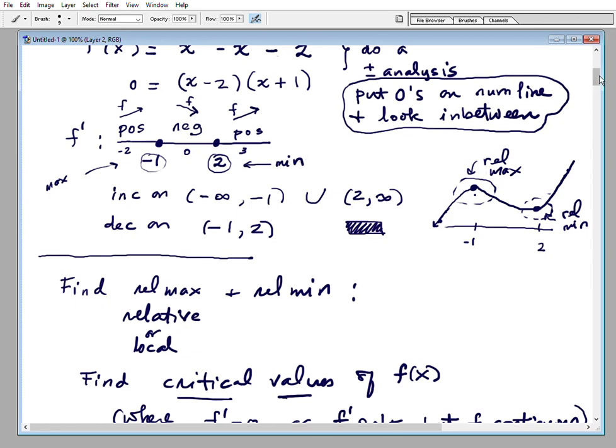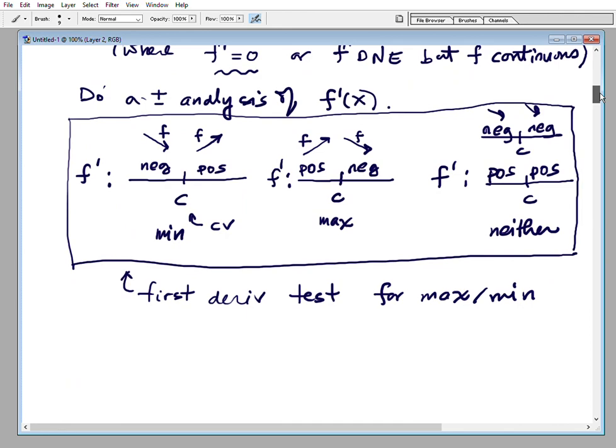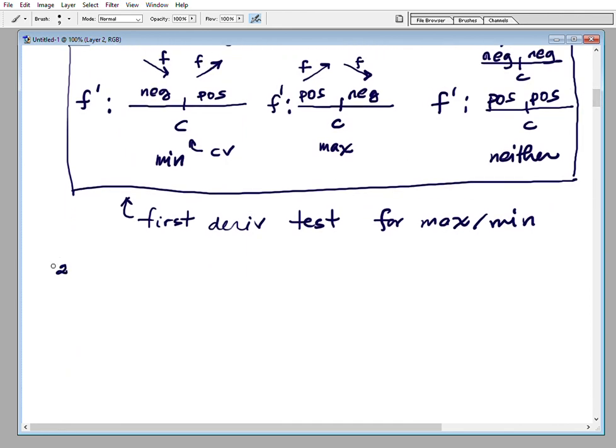All right, let's do a full example, where this time, instead of asking where the function is increasing and decreasing, we're going to have two parts: where is it increasing and decreasing, and find the relative max min. So here's the function. And this will help us with graphing.